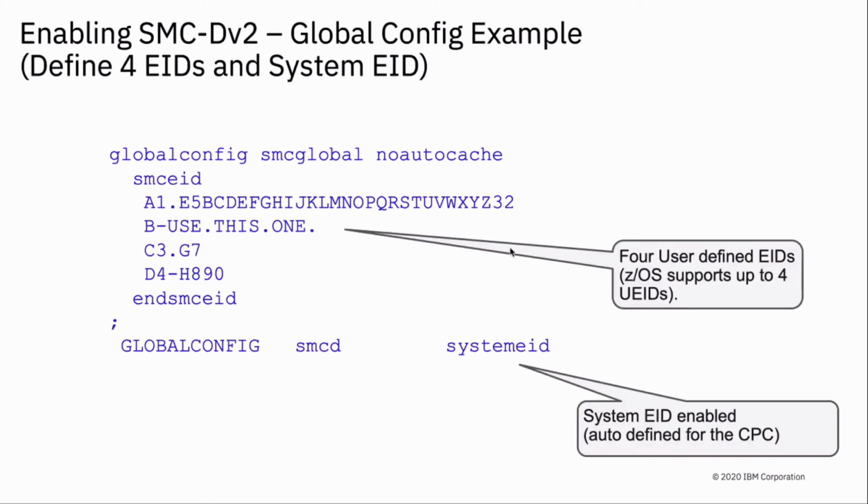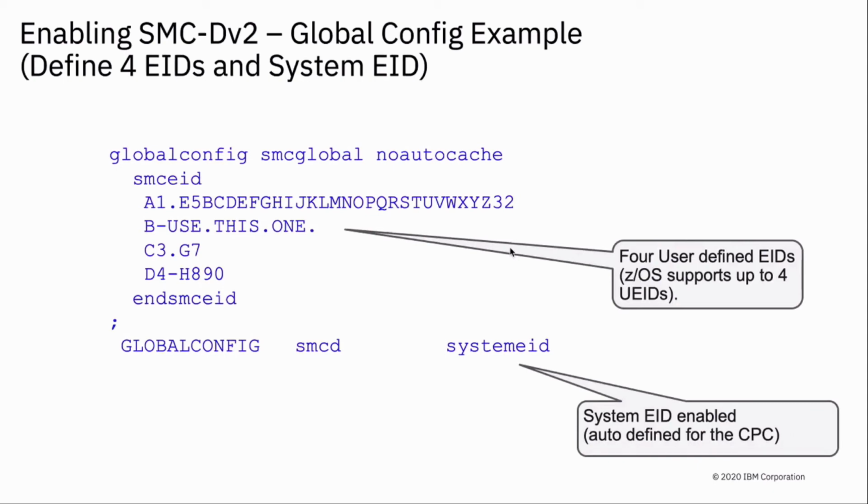And also in global config, if you've done SMC-D, you know that there's an SMC-D parameter on global config that enables SMC-D. Now we have a new parameter on that statement called system EID. You can specify system EID or no system EID, or you can just let it default to no system EID.